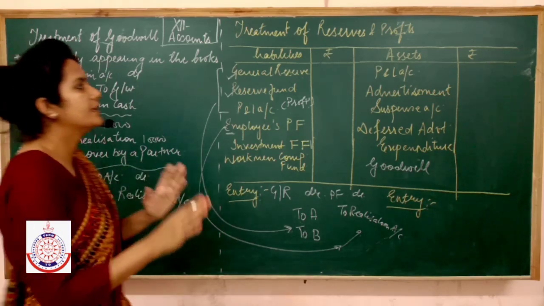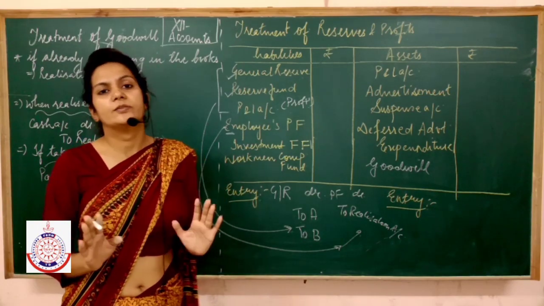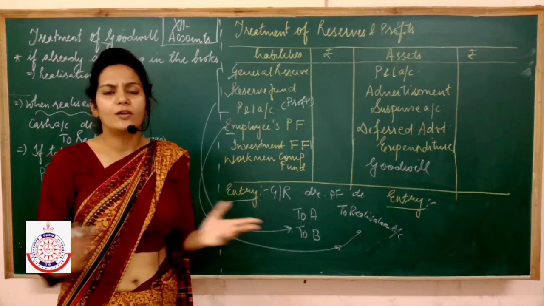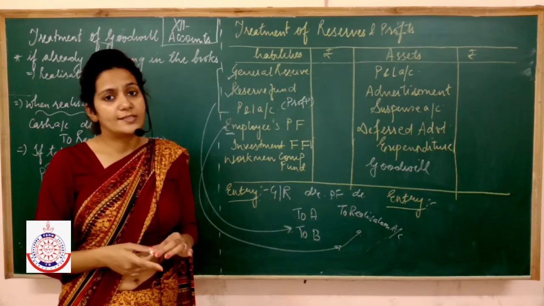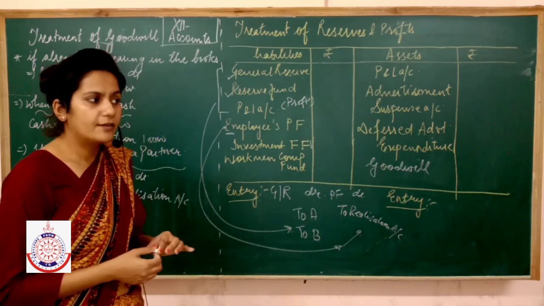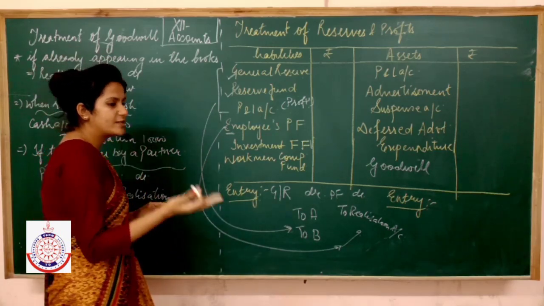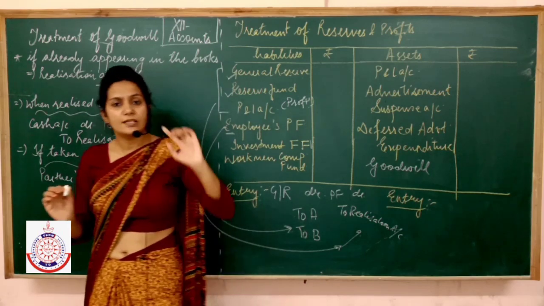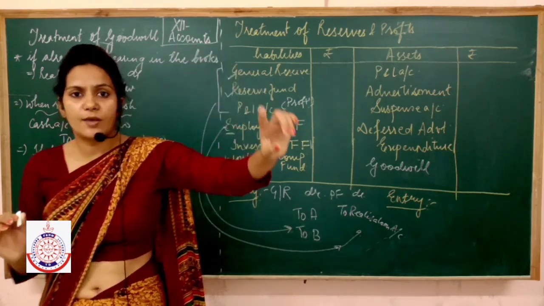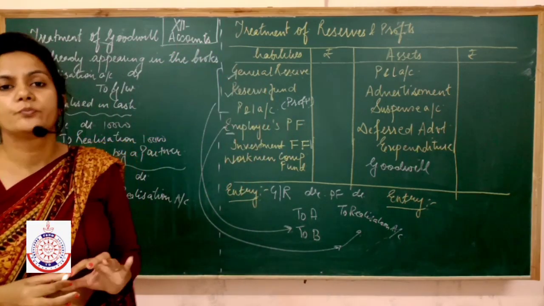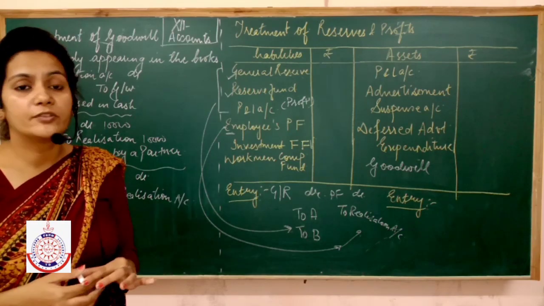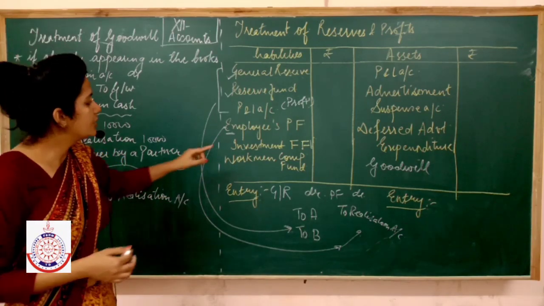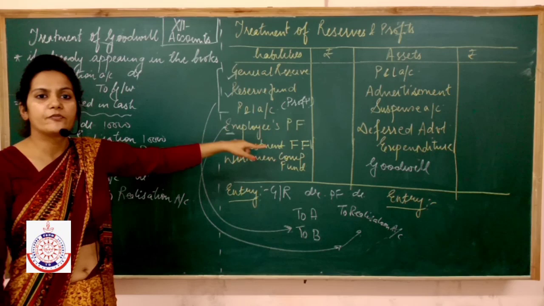Because the reason is clear, you are going to dissolve the firm. So obviously you have to sell all the assets, including investments. And while selling investments, it may happen that the investment is sold in the market at less than the book value. Then from where are you going to recover its loss? You are going to recover the loss from the IFF only.